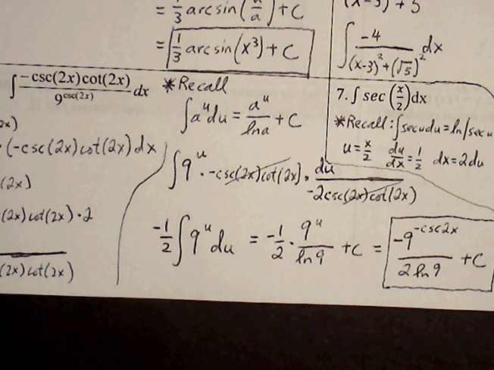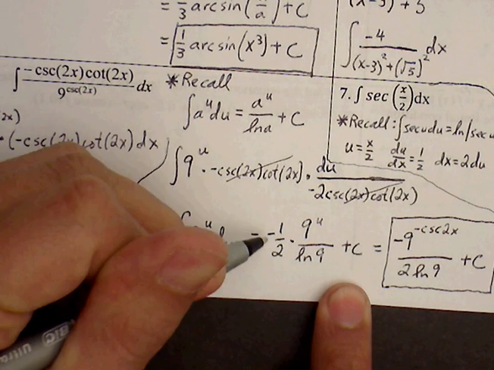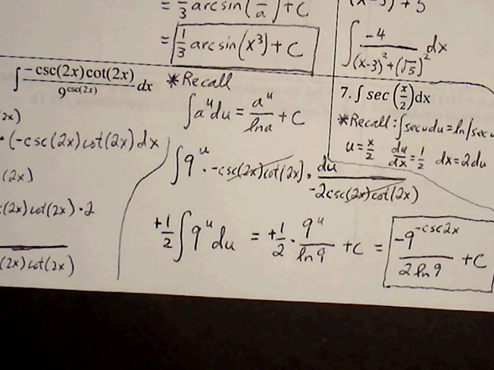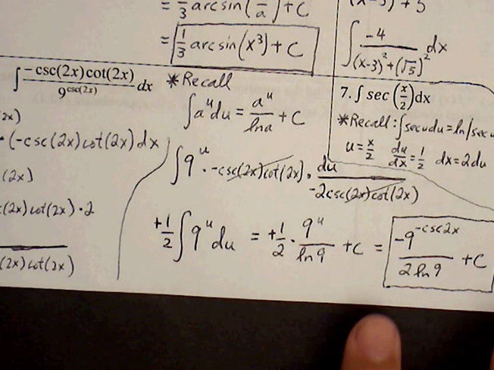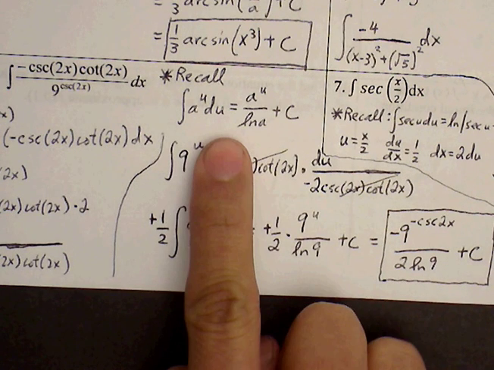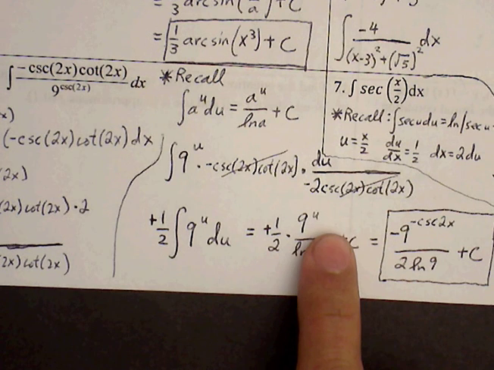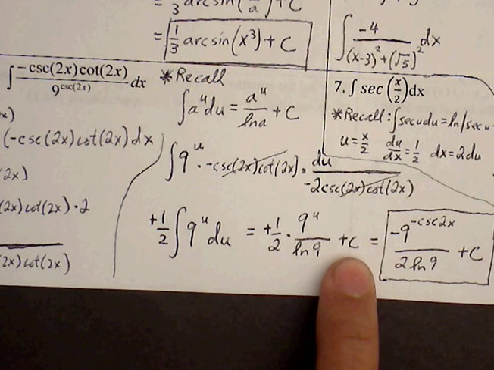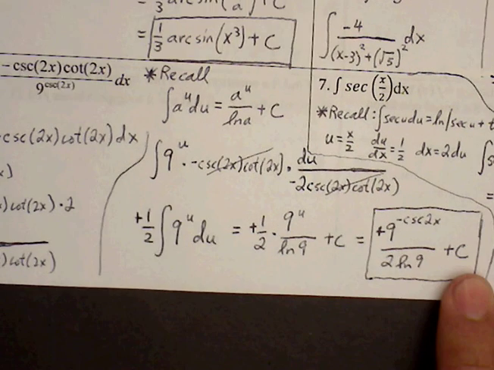So we should be simply left with a positive 1/2 integral of 9 to the u du. So if we apply the rule given here, we get 1/2 times 9 to the u over ln of 9 plus c. So we have our solution here. This should also be a positive 9.